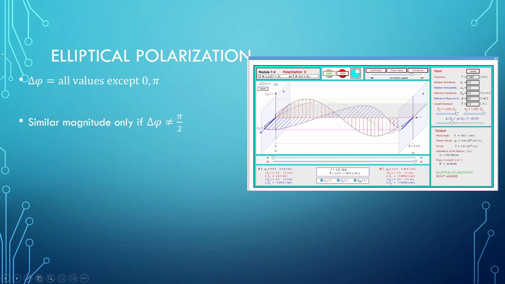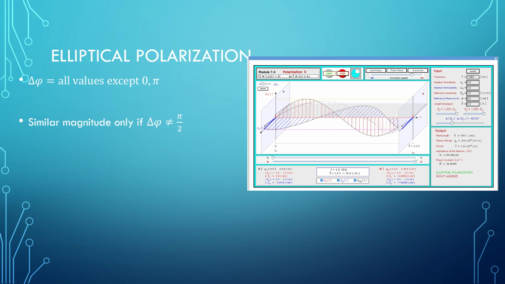Well, if we have a similar magnitude of both EX and EY, we cannot have a phase difference of pi over 2, because in this case it will be circular polarization, as we saw in the previous example.